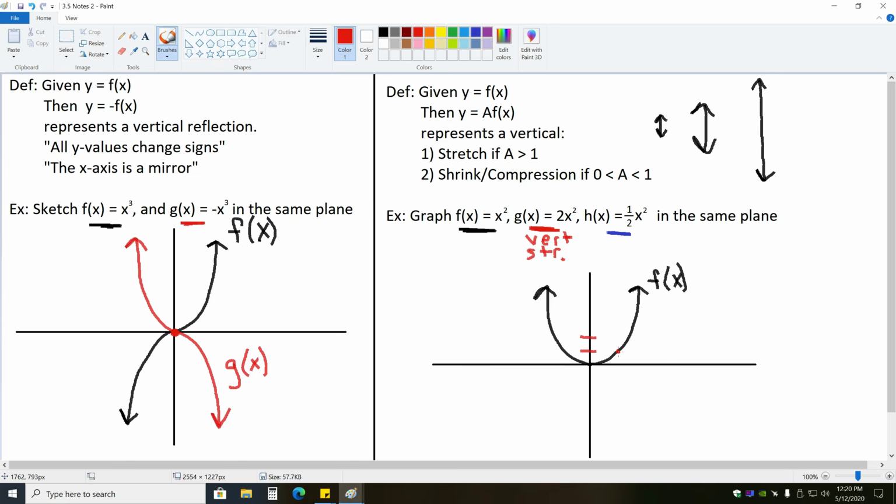So this point isn't going to move on the x-axis, but it is going to go up to here. And likewise, now that we said this y value is 2, then that means this point with a y value of 2 is going to get multiplied by 2 and become 4. So it's going to go up to here.